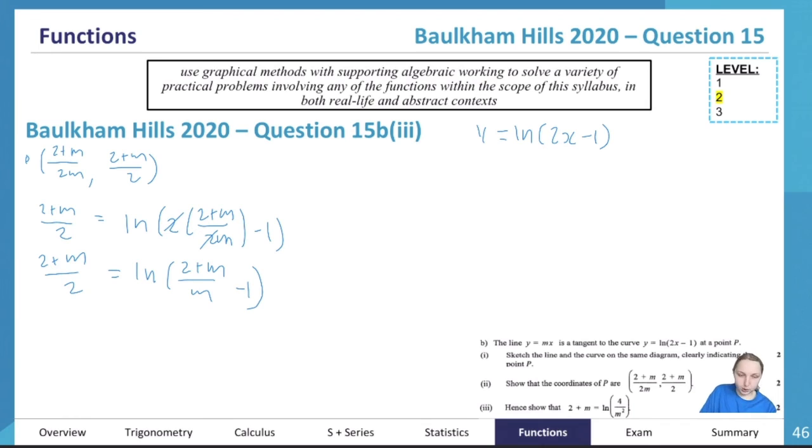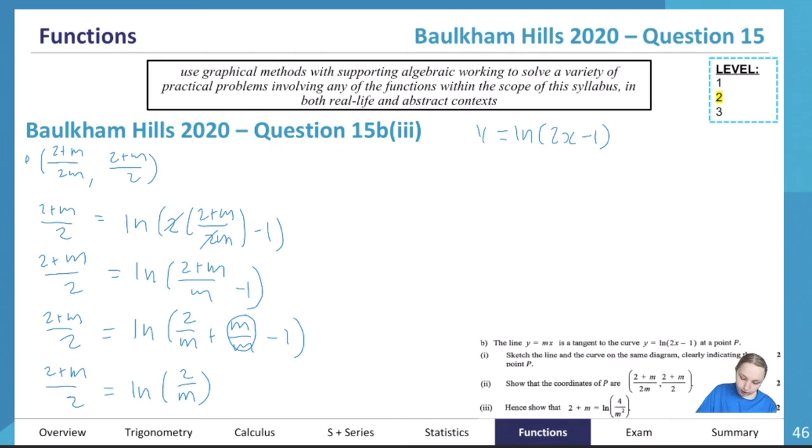So we get 2 plus m on 2 equal to ln 2 on m plus m on m minus 1. You'll recognize that this would become 1, so the 1 minus 1, and we'll get 2 plus m over 2 equals ln 2 on m.